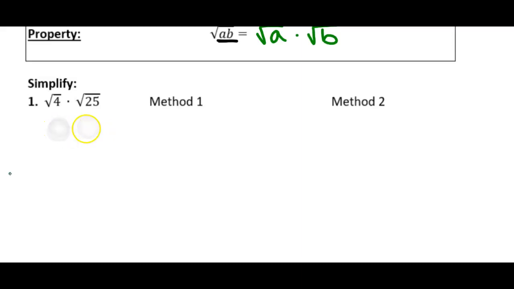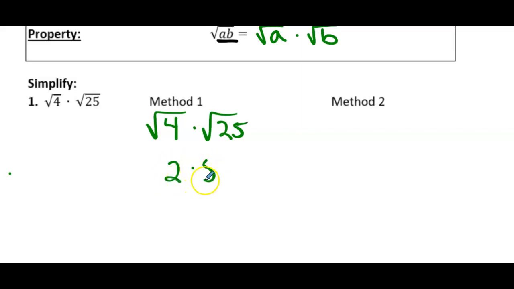We can simplify both of these, especially since they're both on the chart above. So one way to do this is if I notice that they're perfect squares, I can just simplify them and then multiply those numbers. The square root of 4, according to our chart, is 2. The square root of 25, according to our chart, is 5. And what's 2 times 5? Well, it's 10. Okay, fantastic.